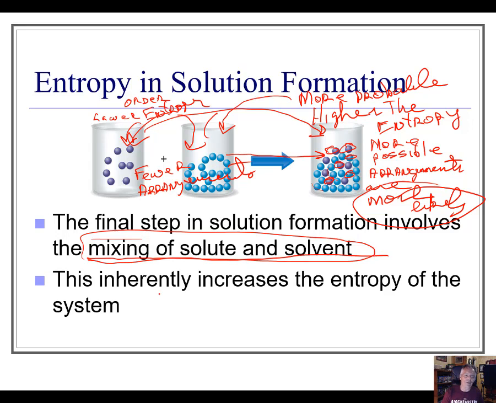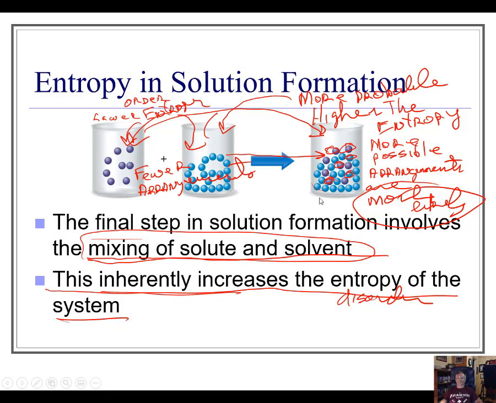Okay? This inherently increases the entropy, and we'll just use the word disorder for now, or more possible arrangements of the system. Okay? That's what mixing does for you. It increases the disorder, the possible arrangements, and that's just more probable than something being pure, given the opportunity to be more disordered.